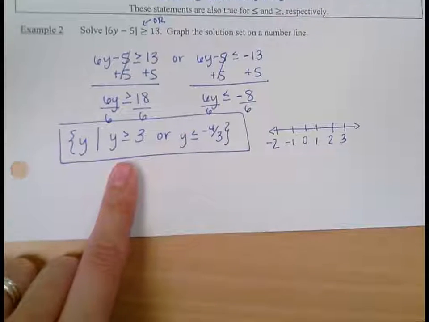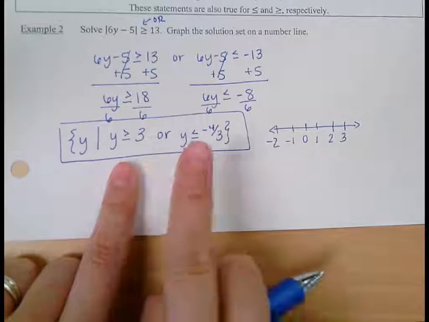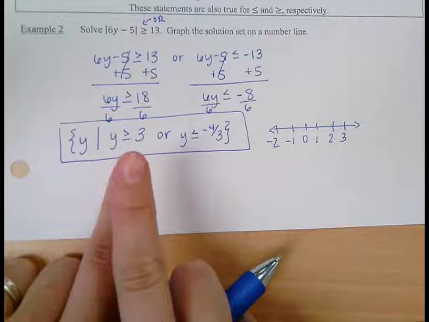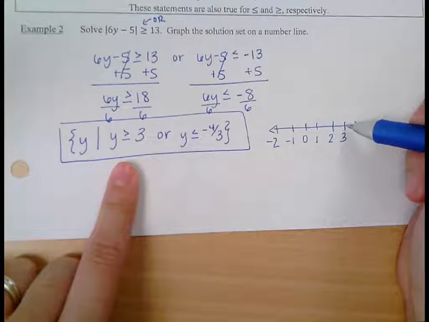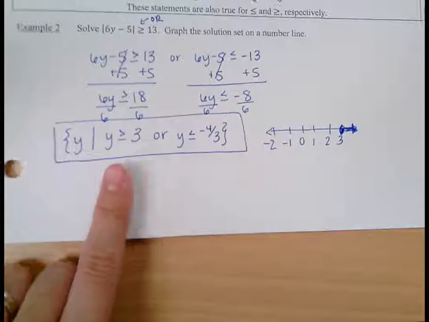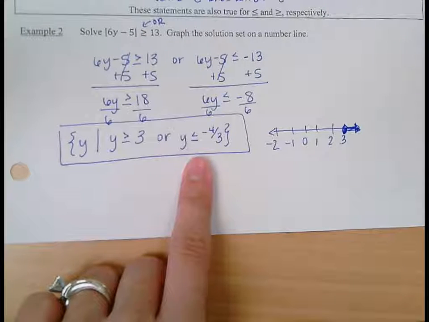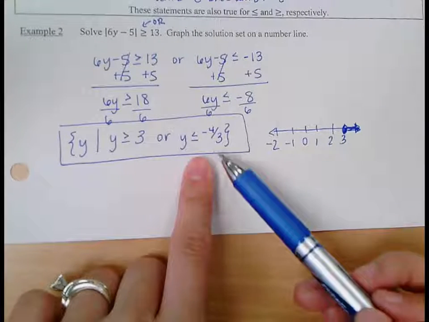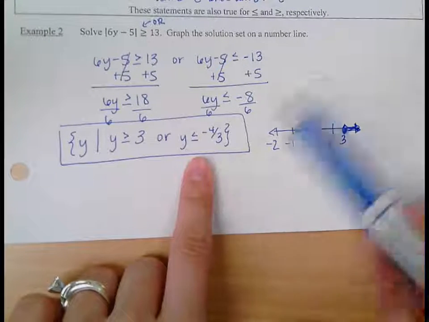to graph this solution set, I would graph each inequality on the same number line. So if I'm graphing y is greater than or equal to 3, I would have a dot on 3 shaded to the right, everything greater than that, and then y is less than or equal to negative 4/3. So this is negative 1 1/3.